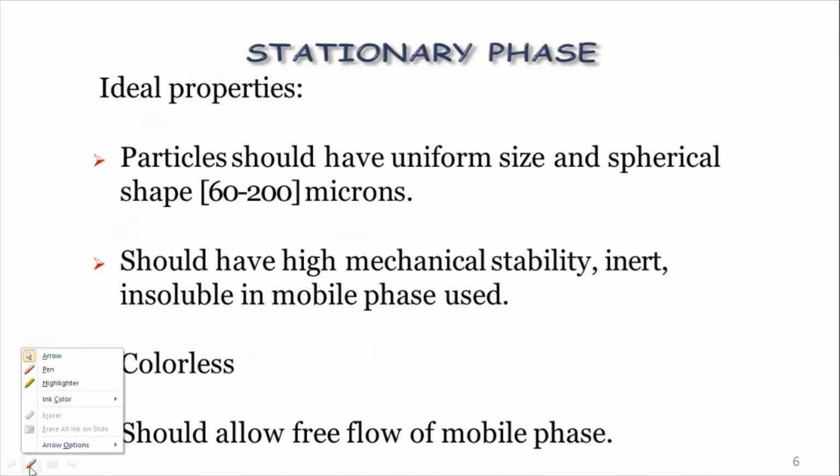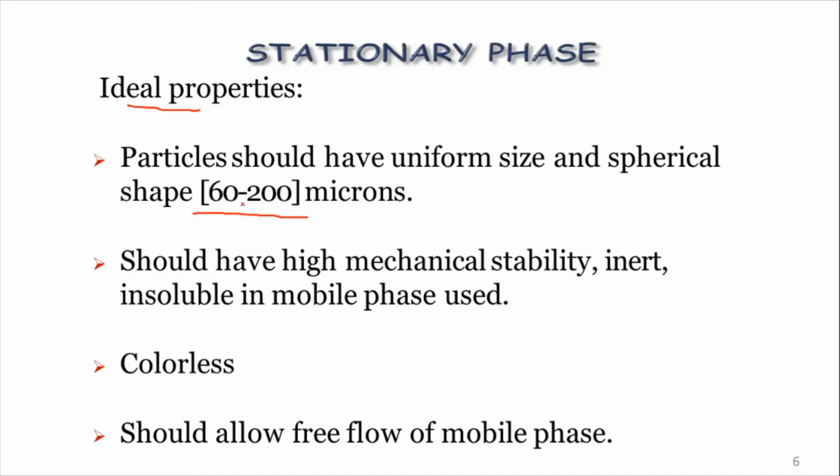The stationary phase is more important in column chromatography. If you are choosing the stationary phase, it has some ideal properties. What are the ideal properties? The particle size is 60 to 200 microns.